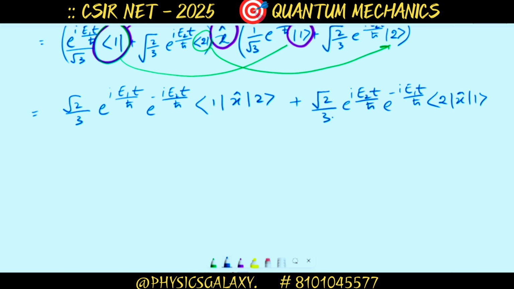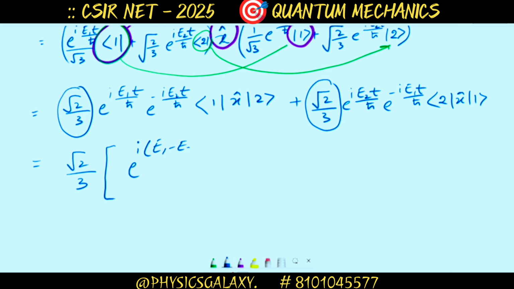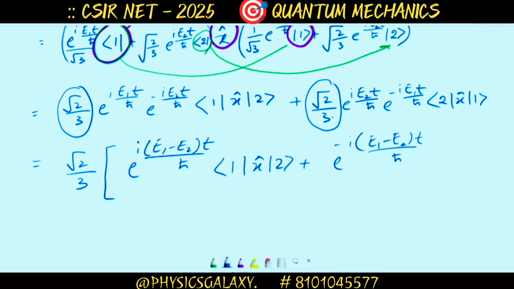We can take root 2 by 3 common, so we can write e to the power iota (E1 minus E2) t by h cut <1|x|2> plus e to the power minus iota (E1 minus E2) t by h cut <2|x|1>, right?